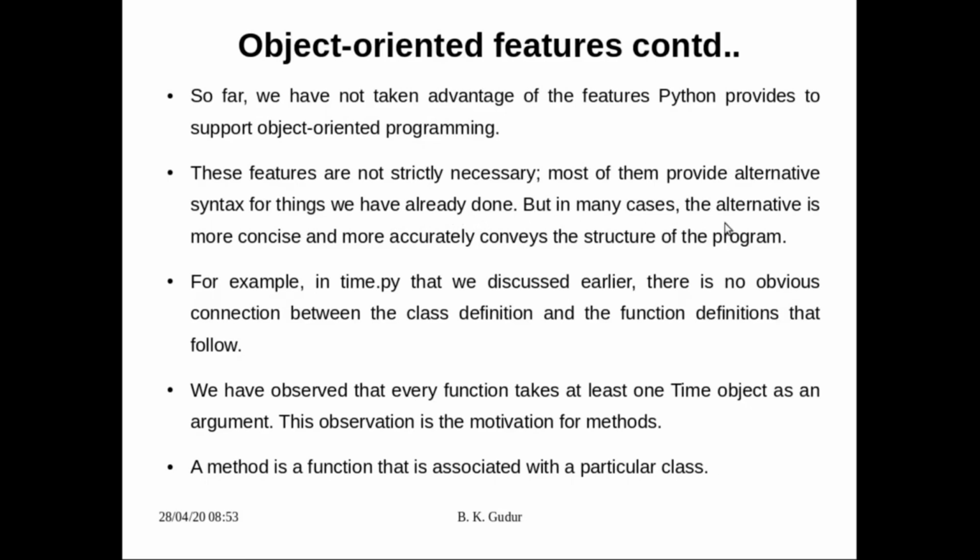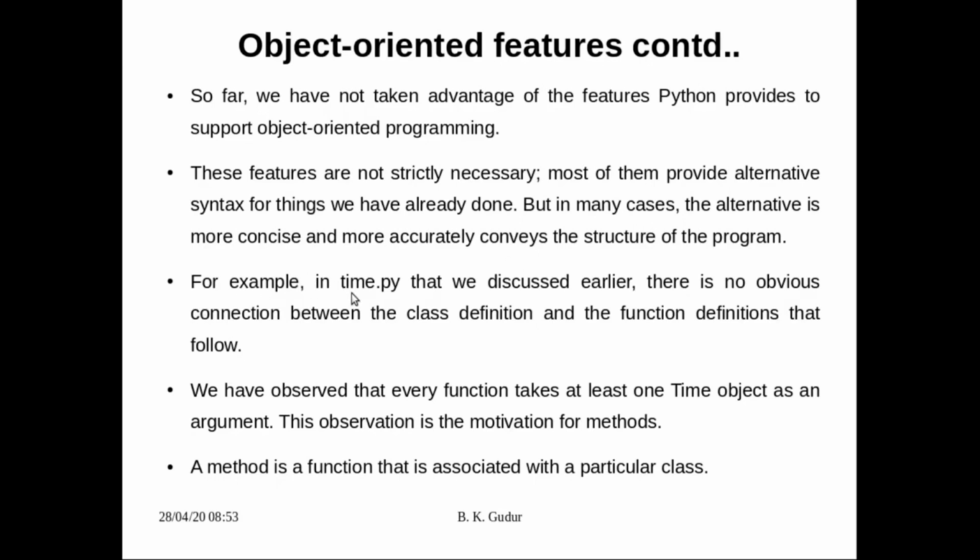But in many cases that alternative is more concise and more accurately conveys the structure of the program. A very important thing is this: that alternative is the base for the object-oriented concept, and it conveys the structure of object-oriented programs.